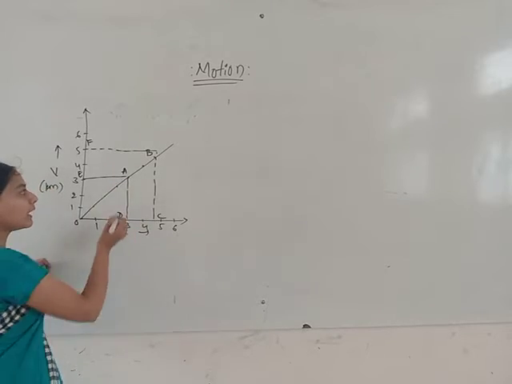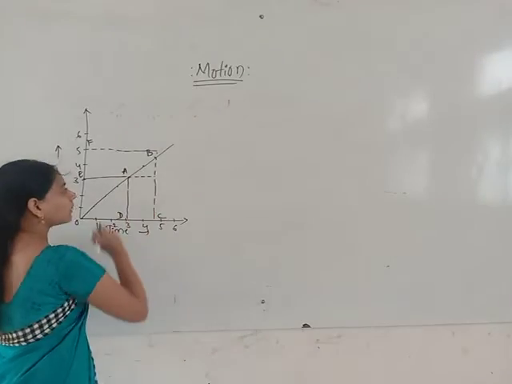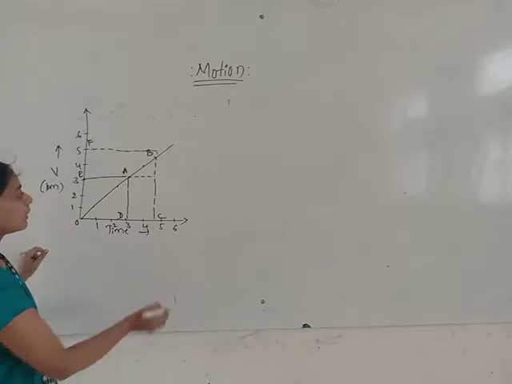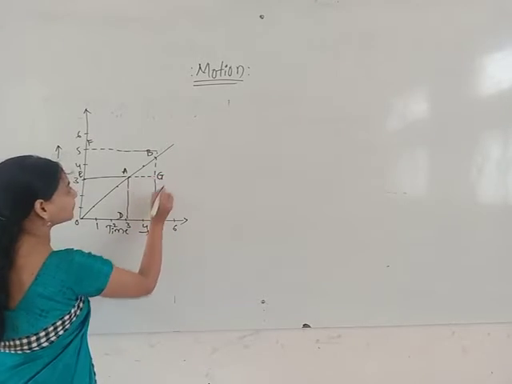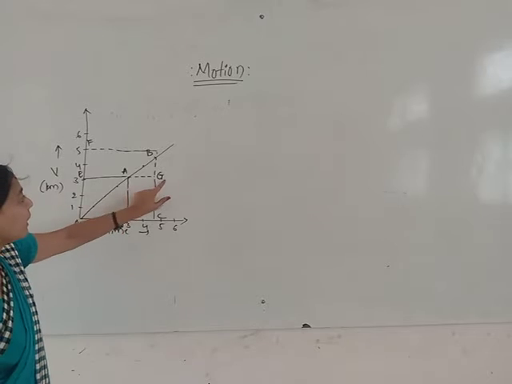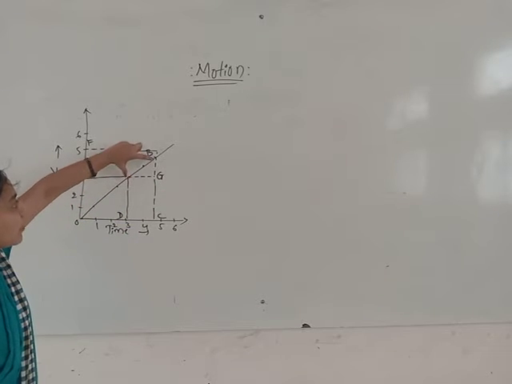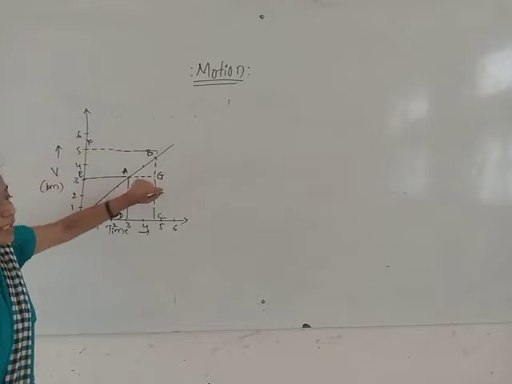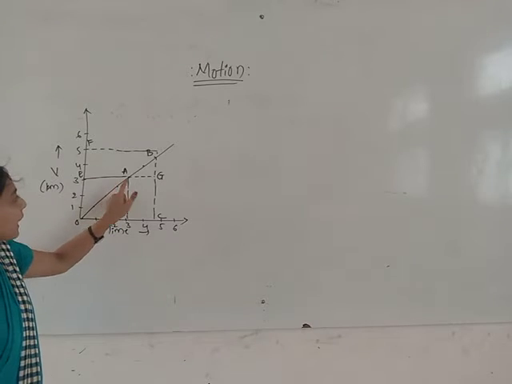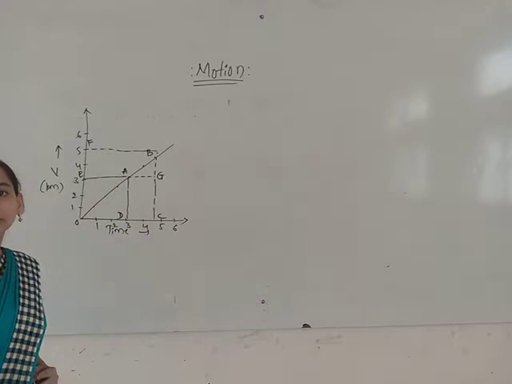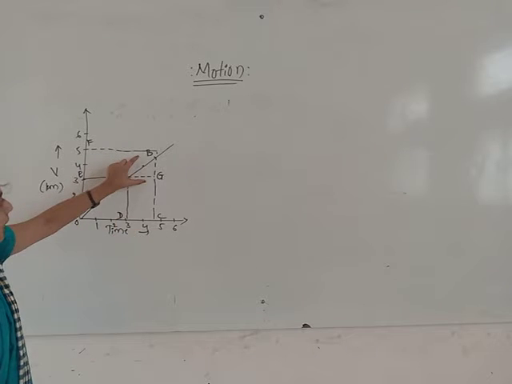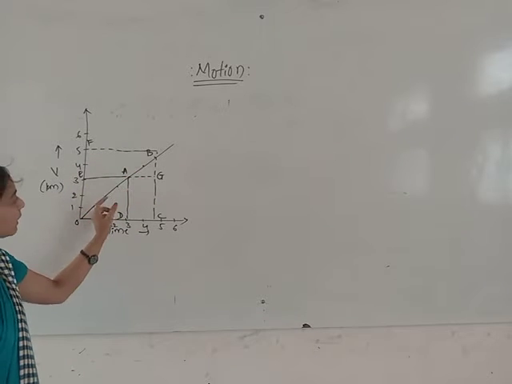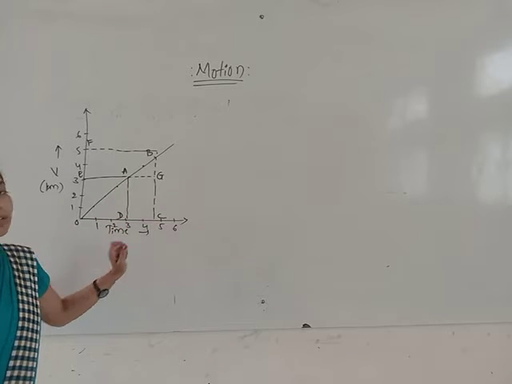So what I do is, I just join these points. Here I call it G. G means, here we get one triangle, that is ABG. Here AGDC, what is it? A rectangle. Here ABG is a triangle and AGDC is a rectangle.